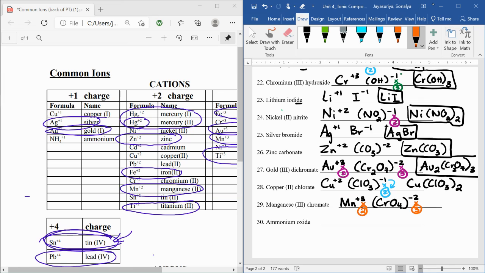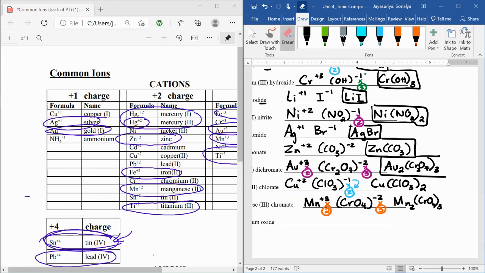Okay? Then you can write Mn2(CrO4)3. Don't get confused by the fact that there's a 4 and a 3 next to each other. CrO4 is chromate. You need 3 times the amount of chromate to balance out the charges.